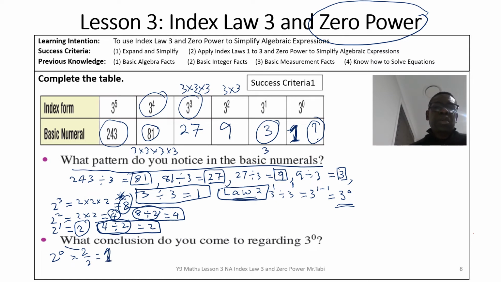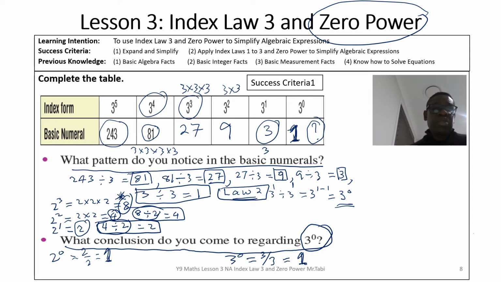So what is your conclusion? What conclusion do you come to regarding 3 to the power of 0? Well, we saw that 3 to the power of 0 is simply 3 divided by 3, which is equal to 1.